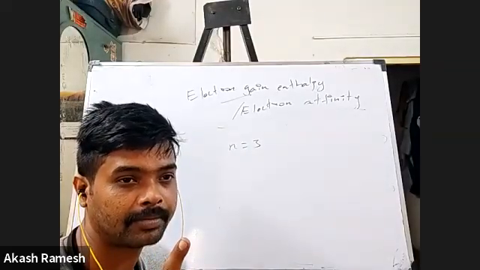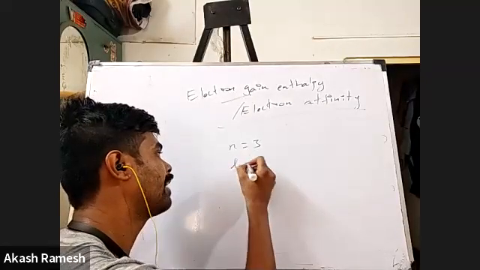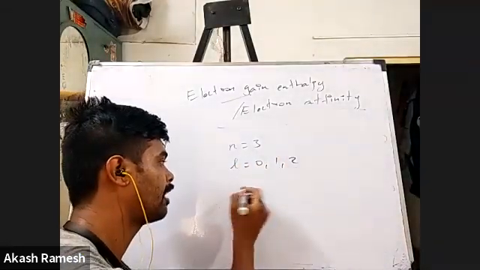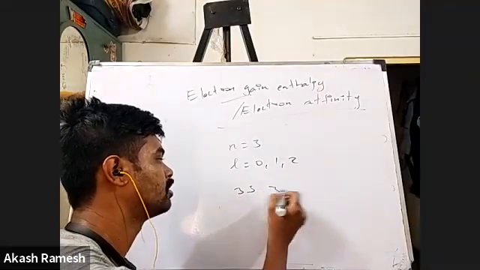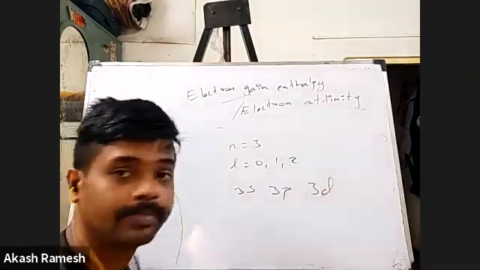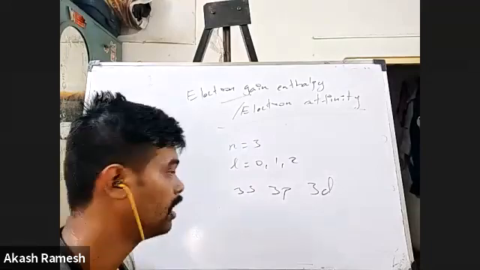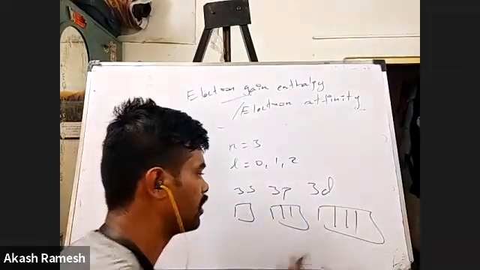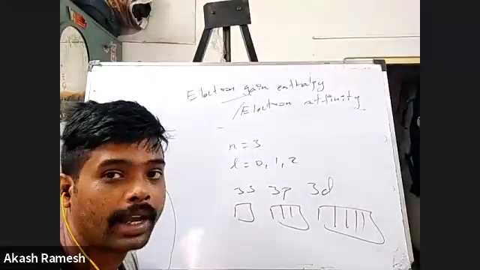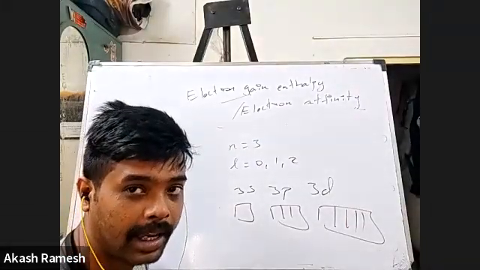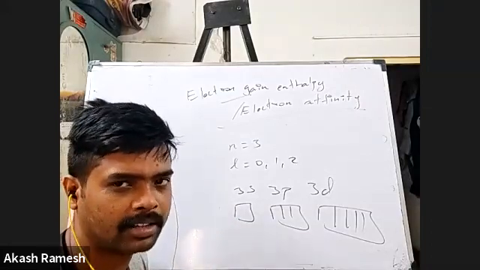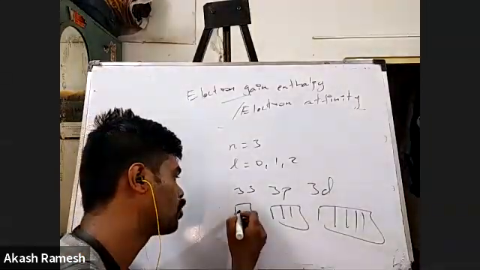If I have n equal to 3, I know l value can be 0, 1, 2. So I can have 3s, 3p, and 3d. Now he's asking how many electrons can be there with a spin of -1/2 or +1/2, doesn't matter, whatever it is. So I have to put only one electron.